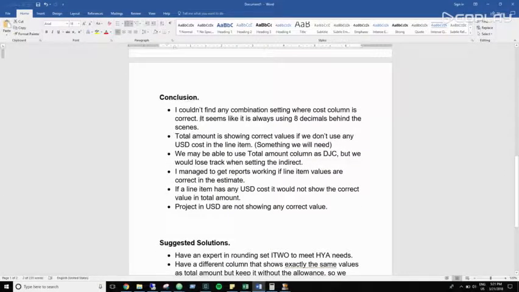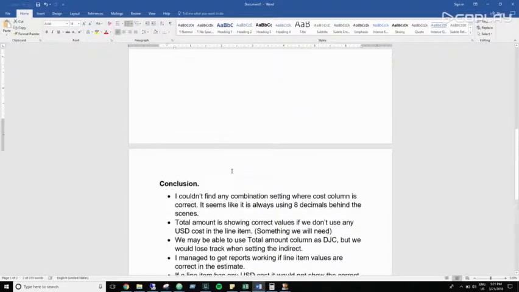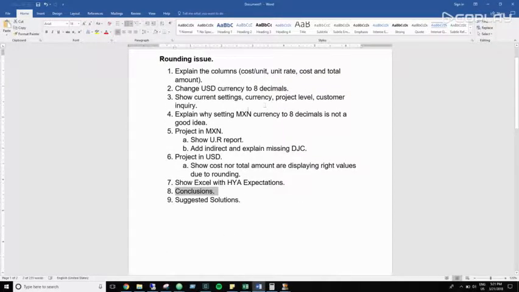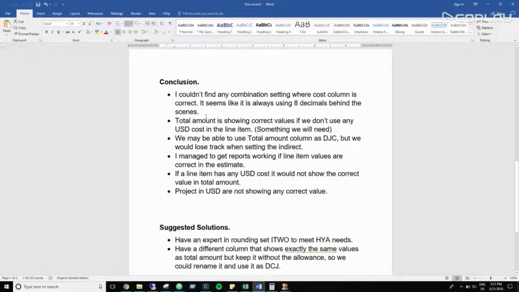In the conclusions, I have listed here what I think sums up what we just saw in the video. First of all, I couldn't find any combination of settings where the cost column is correct. It seems like it's always using 8 decimals behind the scenes.